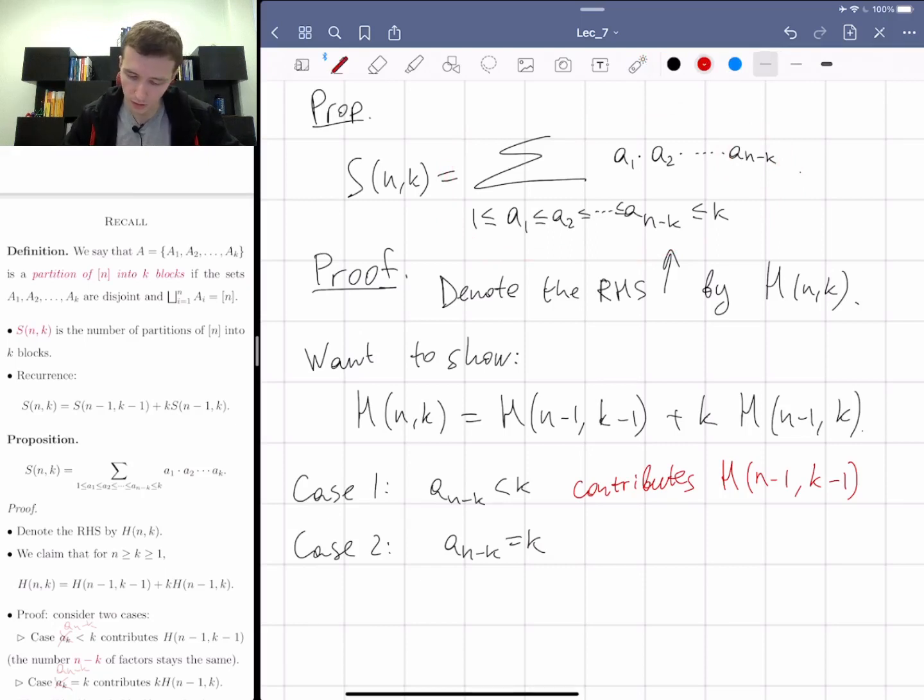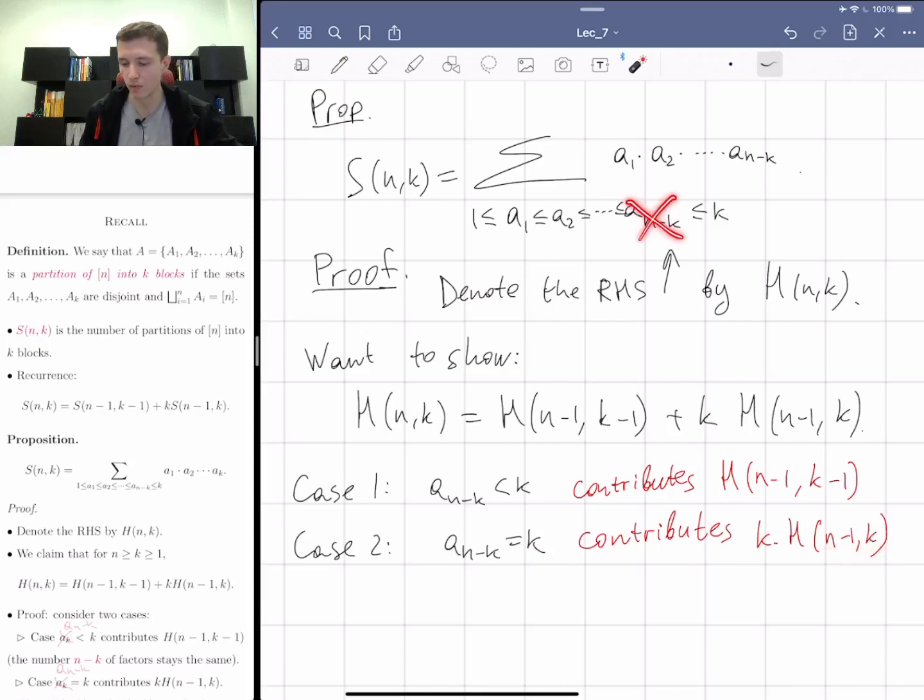So the conclusion is that the sum over all terms for which the last one is equal to k is equal to k times h of n minus 1 comma k. Here I have n minus 1 comma k because the length is going to decrease by 1, and that's why I decrease n but not k. Okay, and so that's it. That's the proof of the recurrence for the h's.